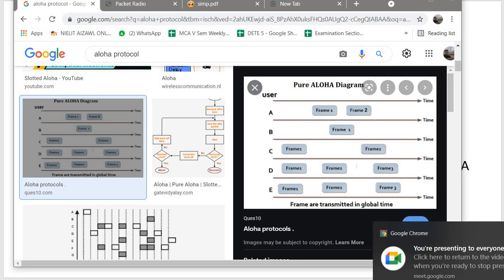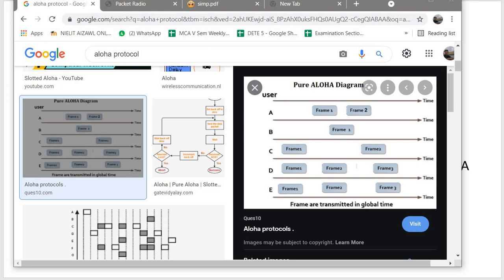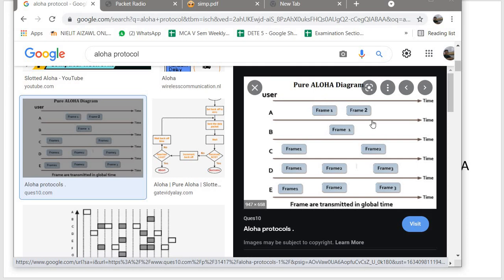Throughput is the rate of transmission of frames. Let's have some assumptions in this assessment. All frames have the same length. A frame is like a box, a group of bits.